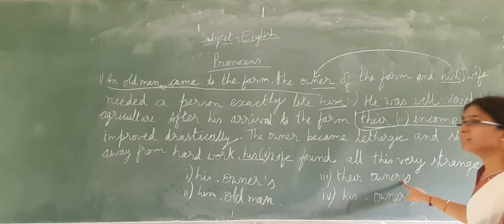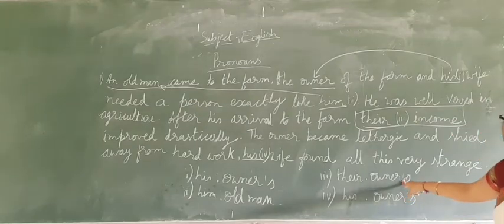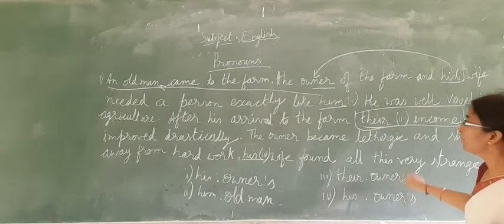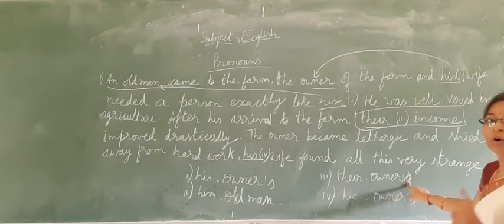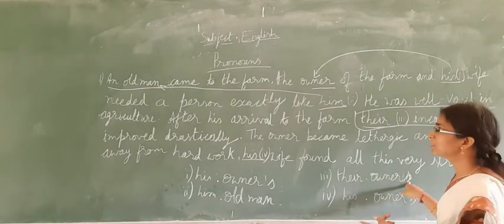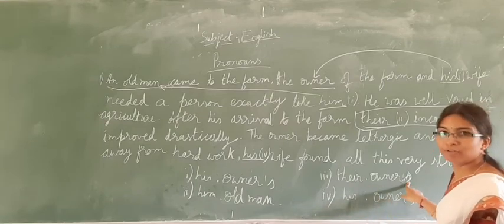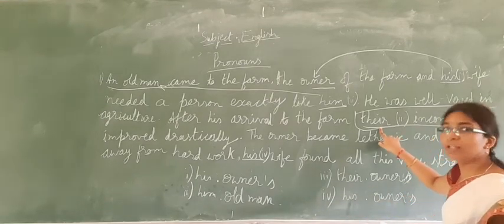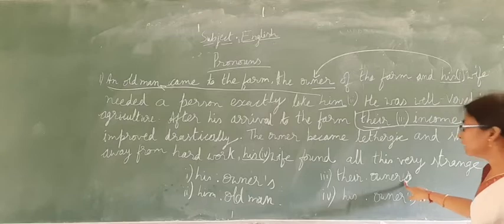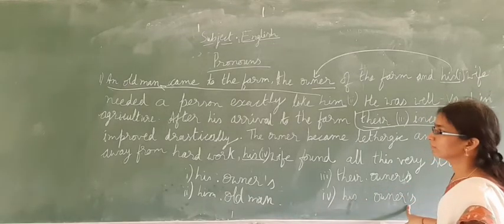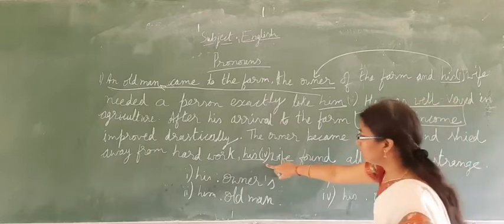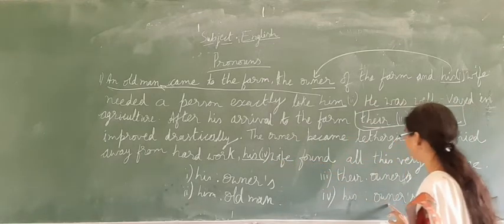So you can write owner's with an apostrophe s here, because I haven't written the apostrophe s. Because owner's here means the owner and his wife. Okay, since this is plural, it is owner's income. His owner. Okay, his wife. His wife, so owner's wife.